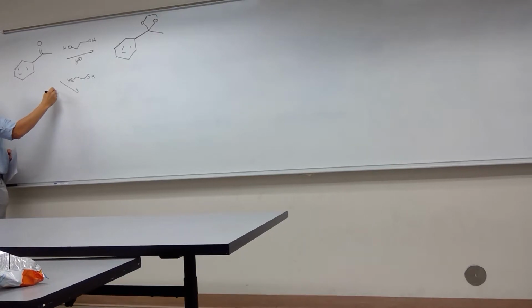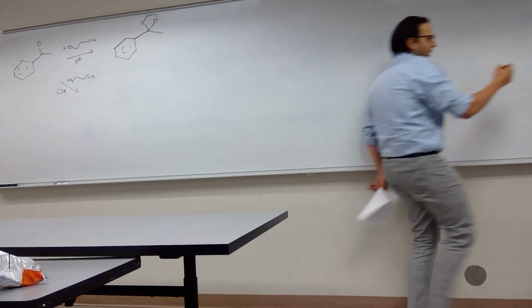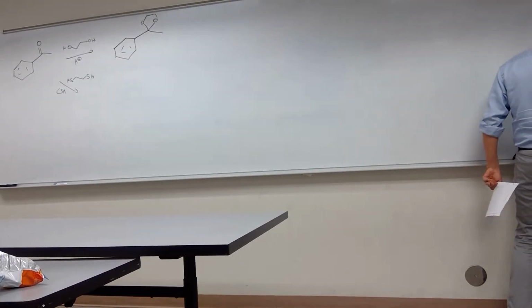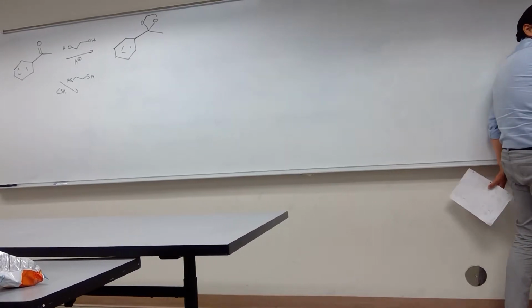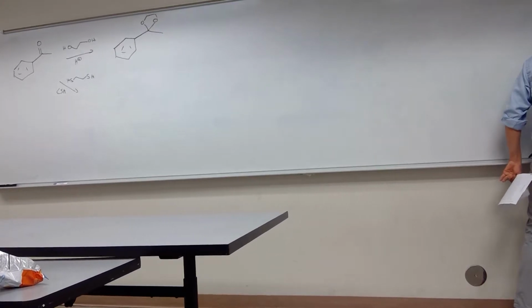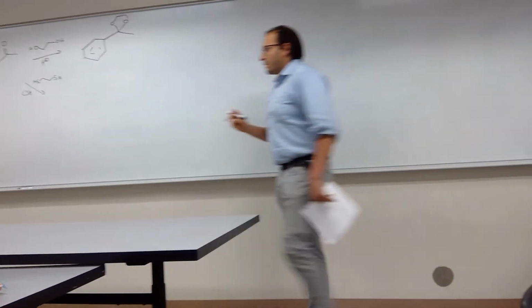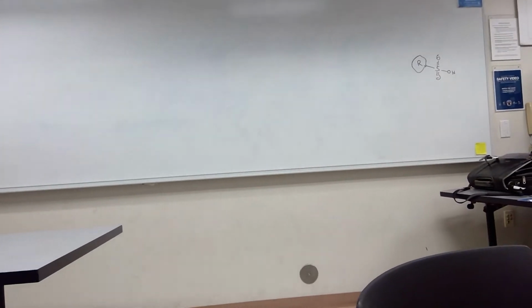Oftentimes you do camphor sulfonic acid, so you'll see oftentimes CSA or paratoluene sulfonic acid. In this case, if it's camphor sulfonic acid, CSA, it's basically a sulfonic acid.